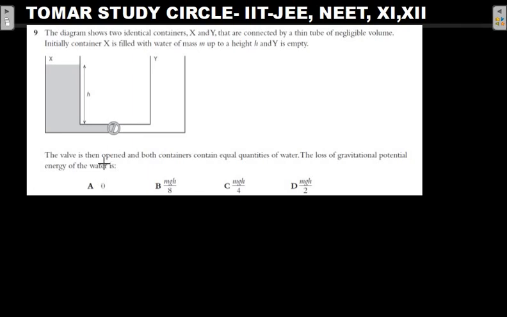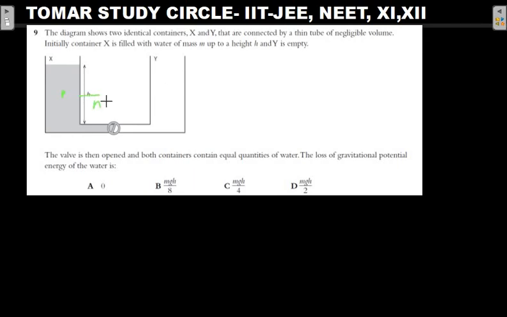The loss of gravitational potential energy of the water is, okay, let total mass of the water be small m. Initially, the total mass of the water can be considered at the center of container X, that is at height h by 2.